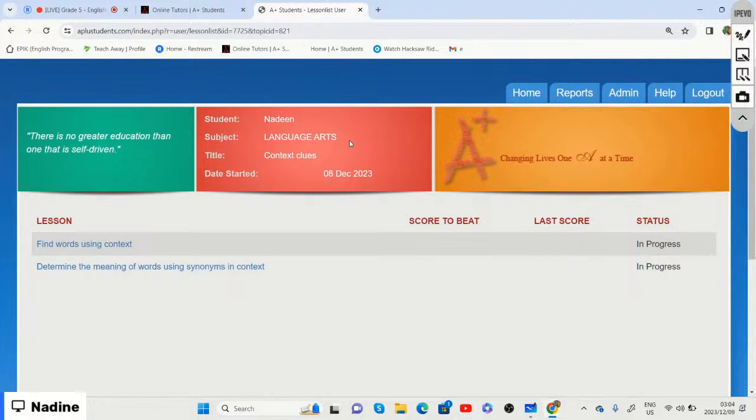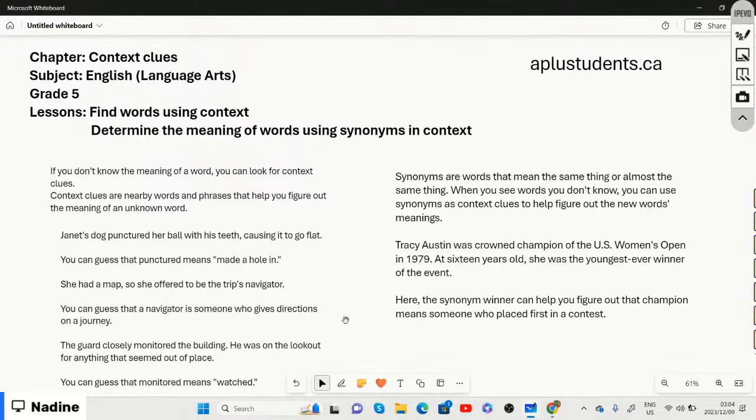So we are doing our grade 5 English lesson on context clues. Our chapter for today is context clues.